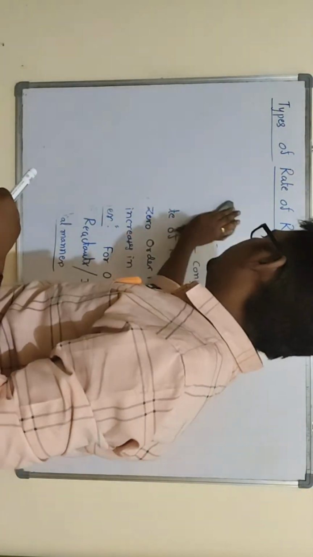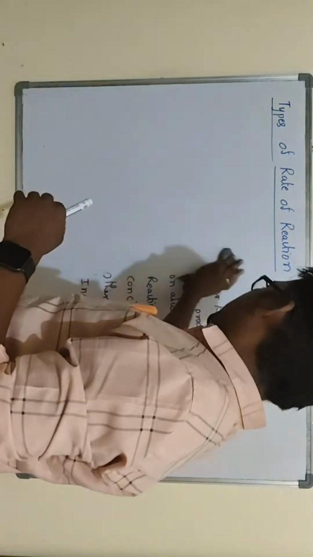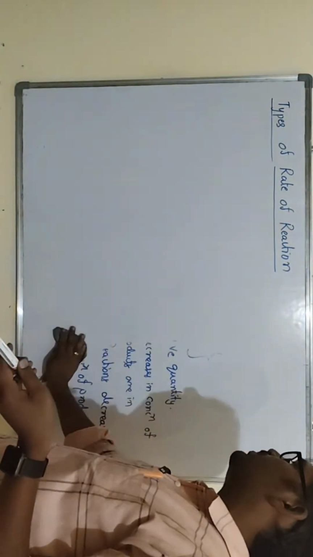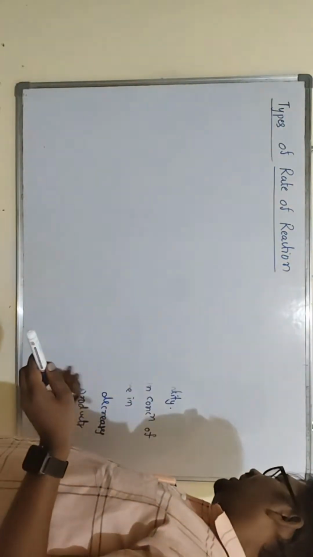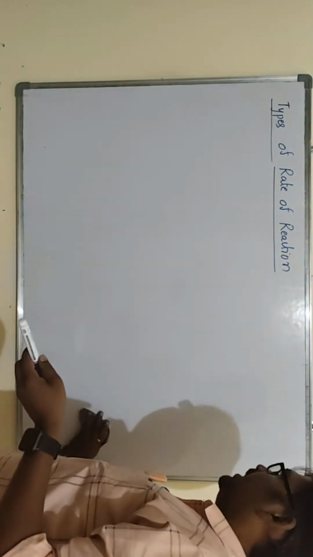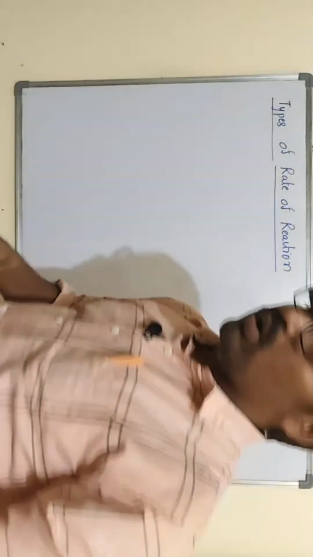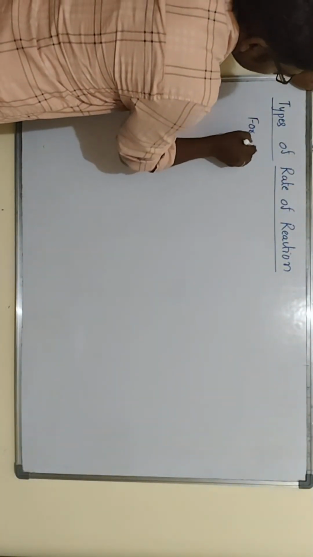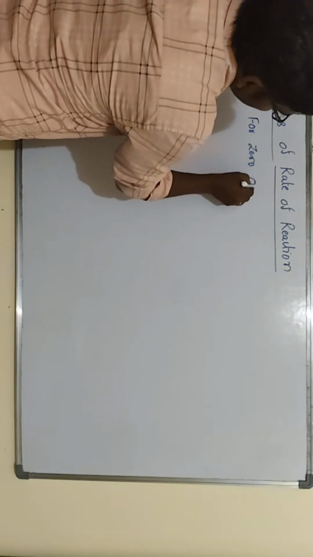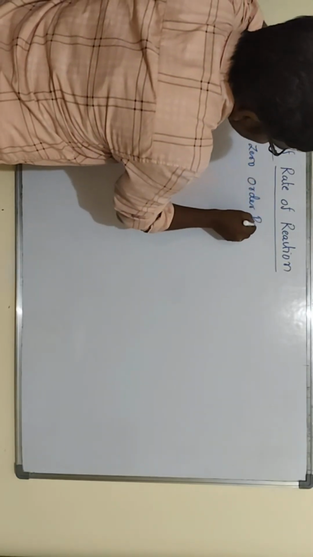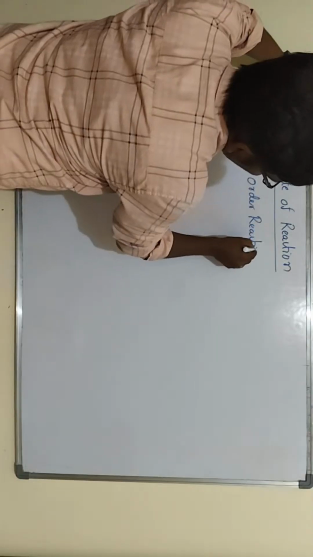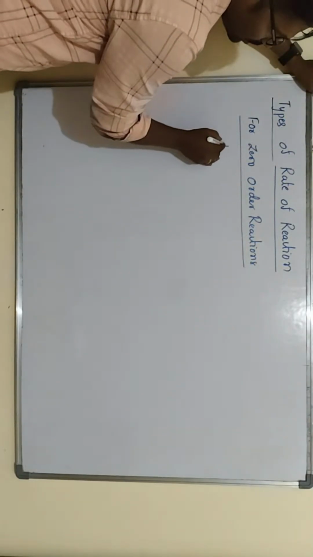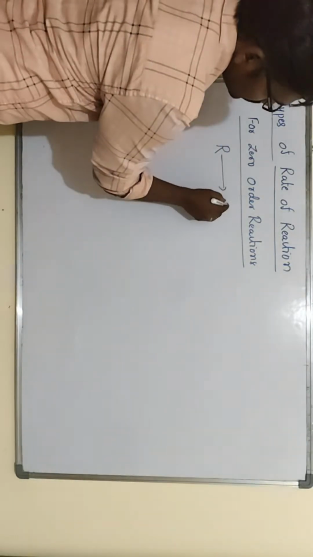See, my dear students, for zero order reactions, the decrease in the concentration of reactants or increase in the concentration of products is in a linear manner. Consider a reactant converted into product.